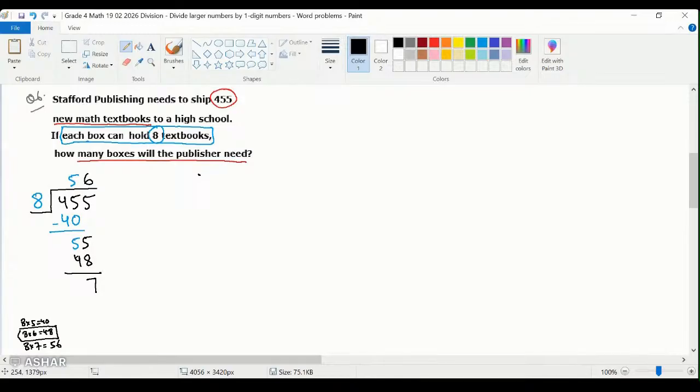That means they have 56 boxes, agreed, plus 7 books. 56 boxes were holding how many? 8 each, right? 6, 8, 48, 8, 4, 448 books were in 56 boxes, right? 7 books have to be put in a box as well. No, see, it's decimals, right?